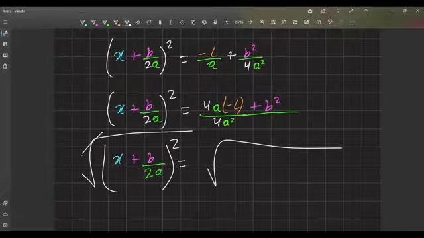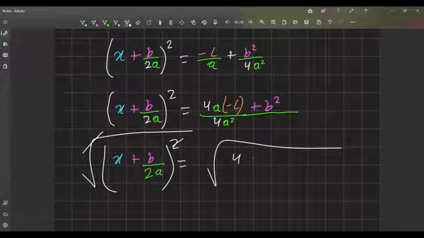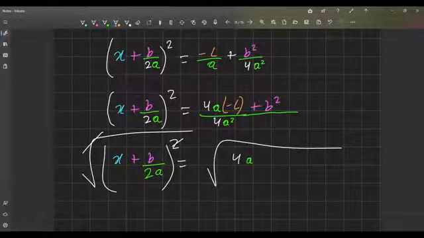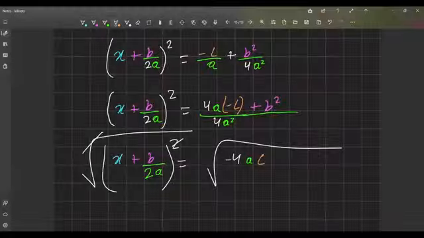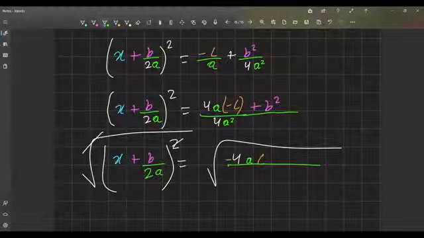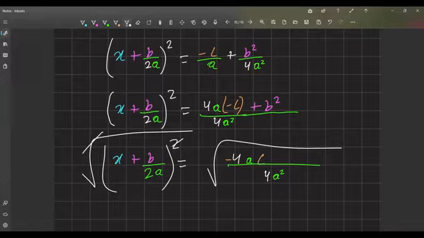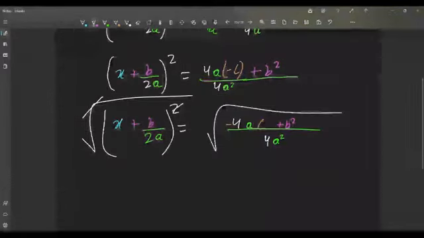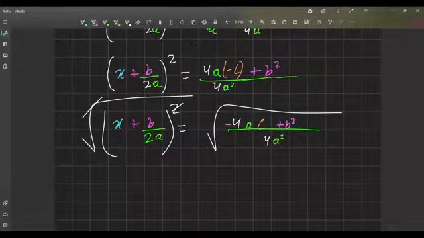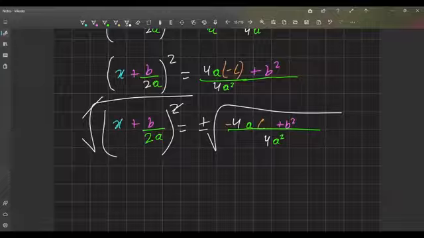Okay, under root, and then on the right hand side it would become 4a, and then I'll have a c here as well with a minus sign, and all of this was upon a square, and then I'll have a 4 here as well with a b square here. Okay, since I've taken under root, I'll have to add a plus and a minus here.